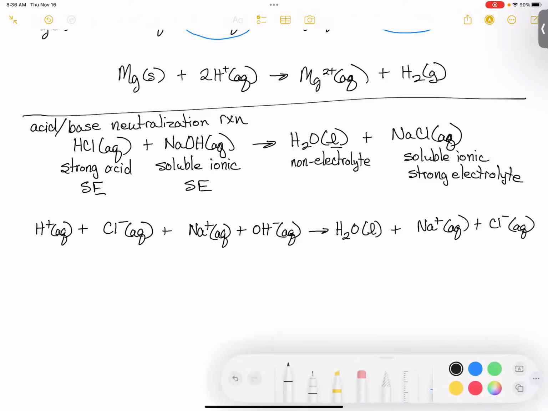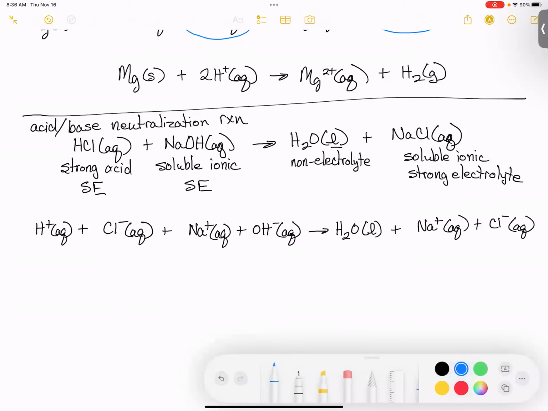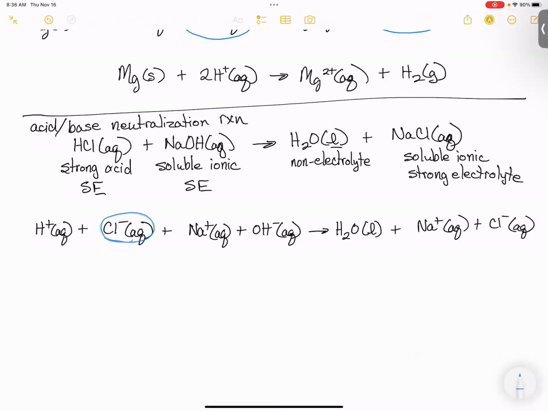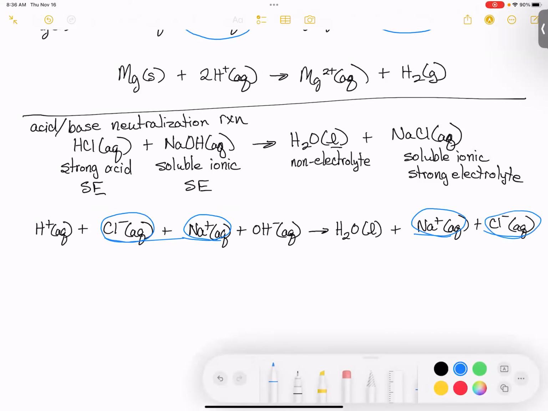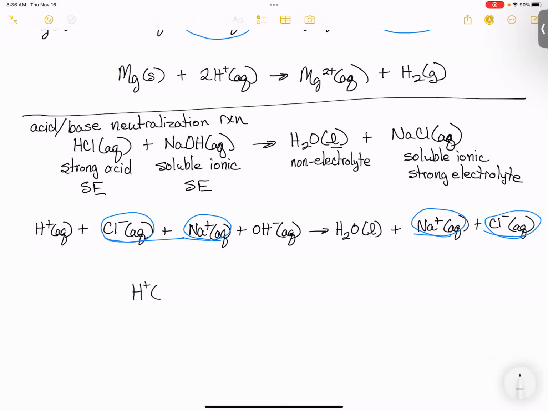To get to the net ionic equation, we're removing spectators. Those spectators are going to be chloride and sodium. So our net ionic equation is H plus plus OH minus goes to form water.